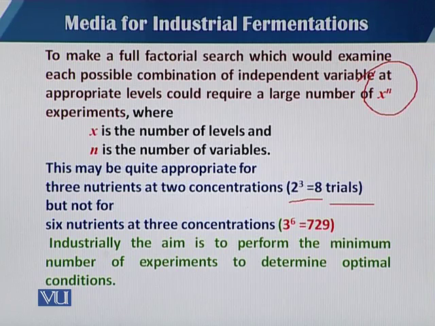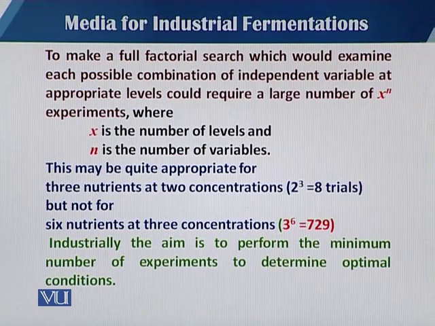In another case, if we have 6 nutrients and we have to optimize 3 different concentrations, you can see 3 raised to the power 6, and the total number of experiments required is 729. It's a huge number. From an industrial point of view, we have to decrease the number of experiments to optimize the fermentation conditions.